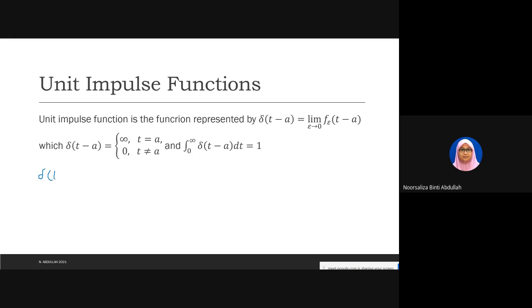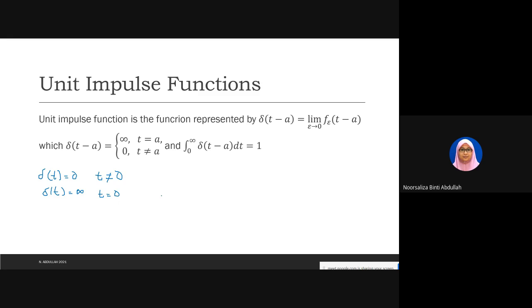Delta t equals to 0 for t is not equals to 0. Delta t equals to infinity for t equals to 0.